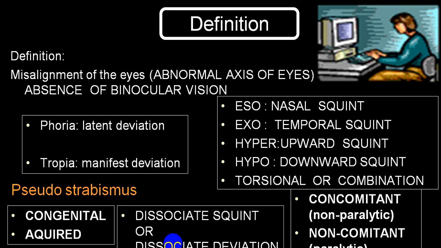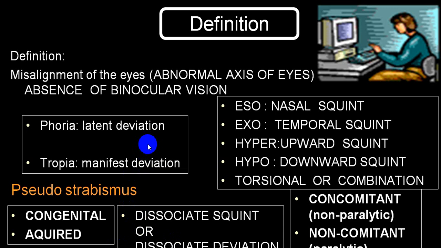Whenever the person develops this, binocular vision will be affected. The misaligned eye will give rise to blurred vision, and the eye which has a proper axis will give a sharp image, and that will produce diplopia.